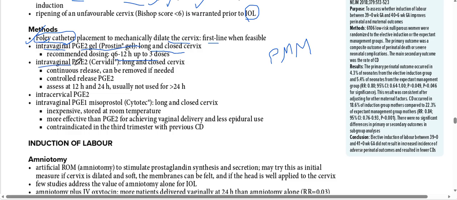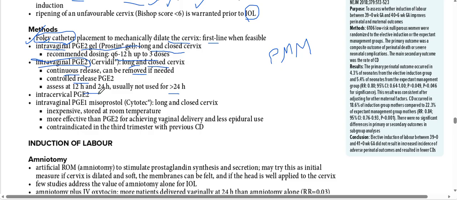Then intravaginal prostaglandin E2, with the same indication, as a gel or a tablet, both inserted vaginally, needed when the cervix is long and closed. It results in continuous release and can be removed if needed. Controlled release prostaglandin E2 is assessed at 12 and 24 hours and is not used for more than 24 hours.